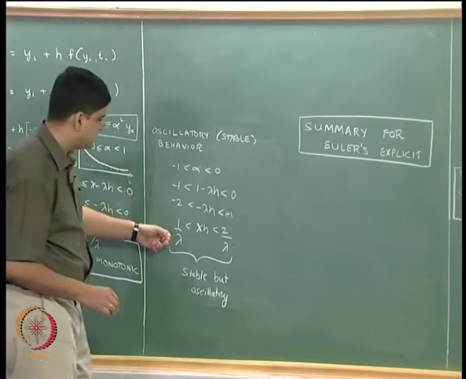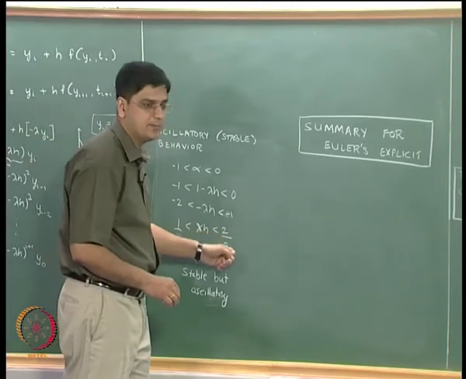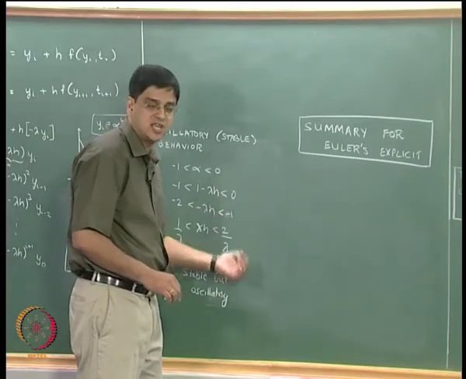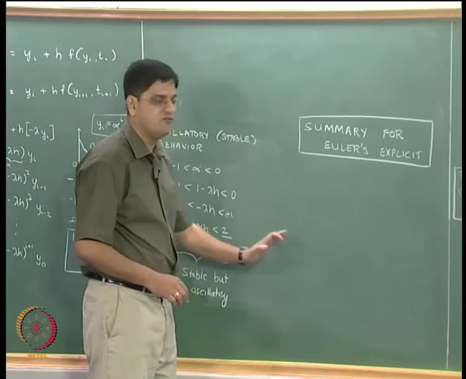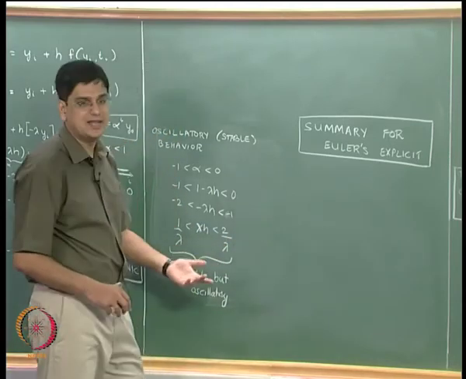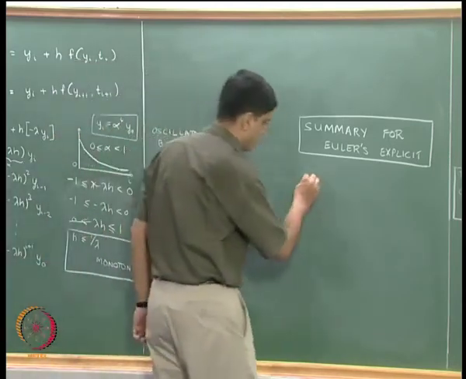If h lies between 1 by lambda and 2 by lambda, we will get a stable though oscillatory behavior. If h is greater than 2 by lambda, we will get an unstable behavior.